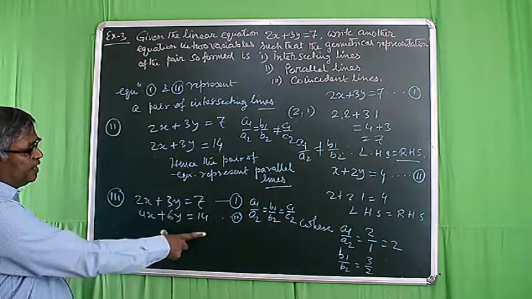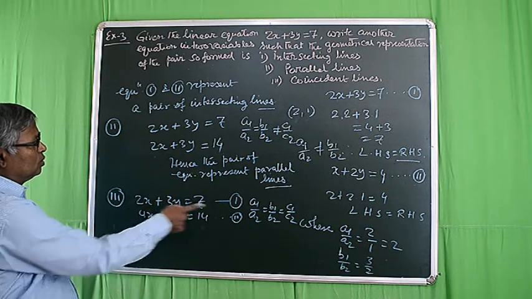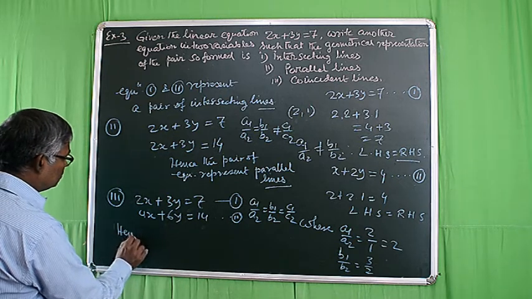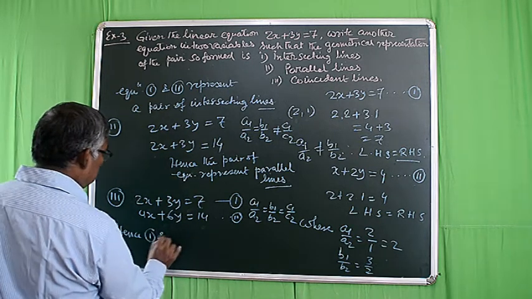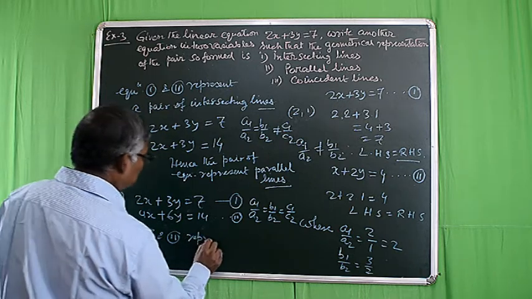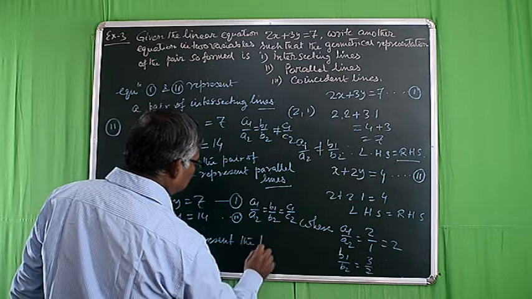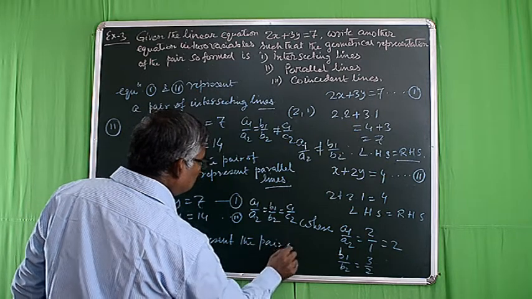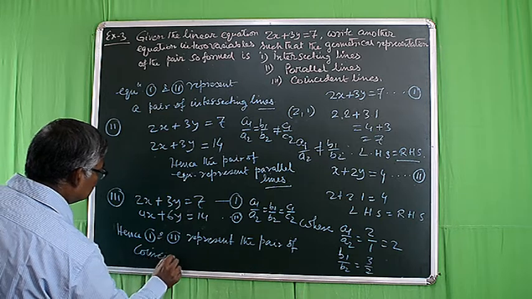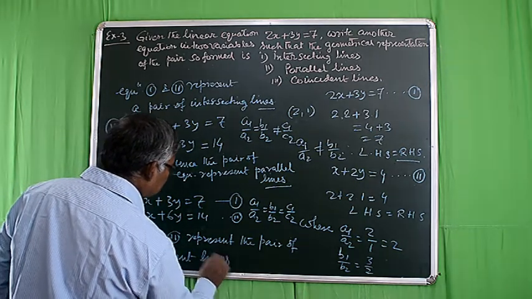Since the second equation is derived by multiplying 2 to equation number 1, hence 1 and 2 represent the pair of coincident lines.